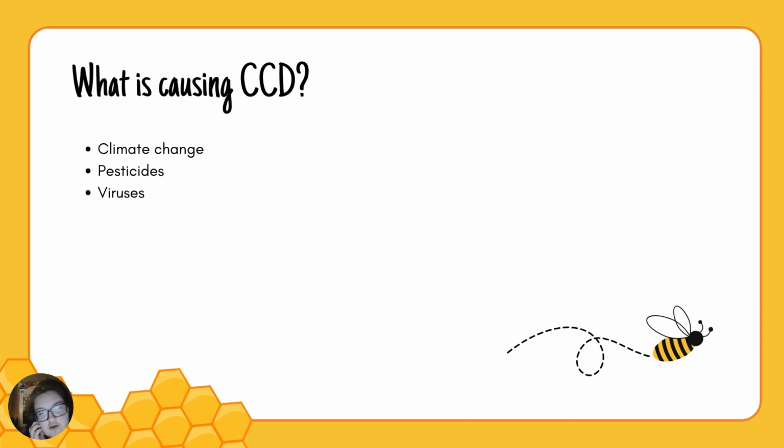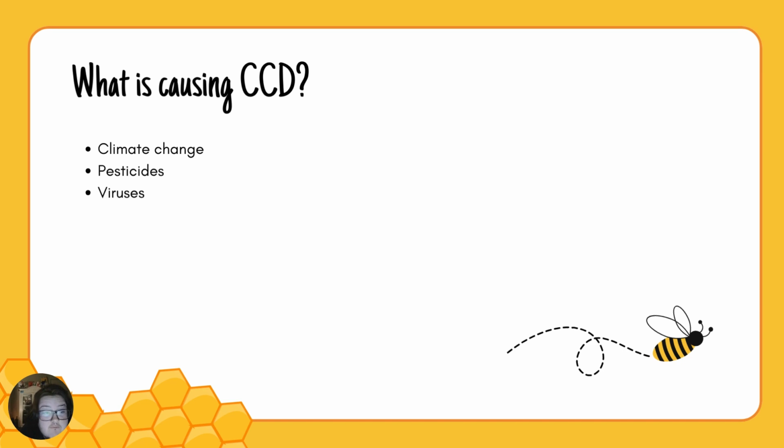When it comes to viruses, this is really a cause that is contributed to by the other two causes that I listed. So, viruses are something that bees are no strangers to. There's always going to be viruses that affect these bees.